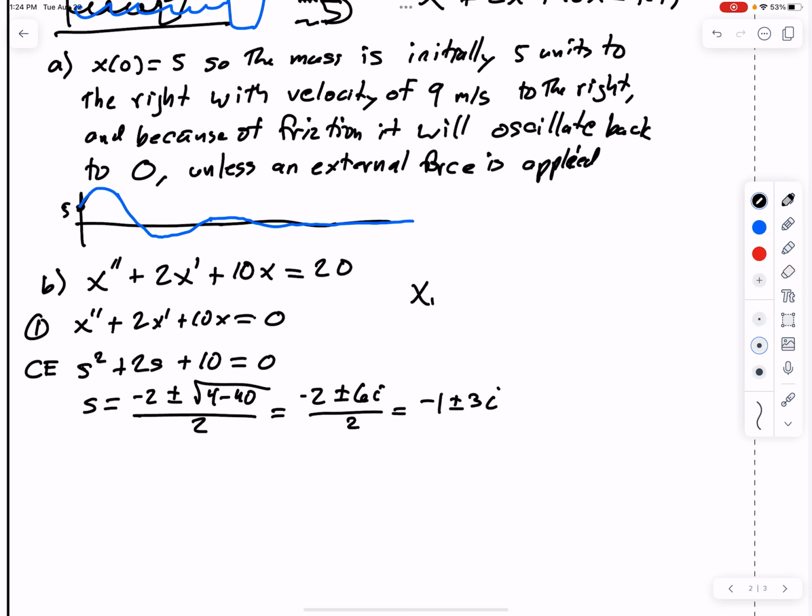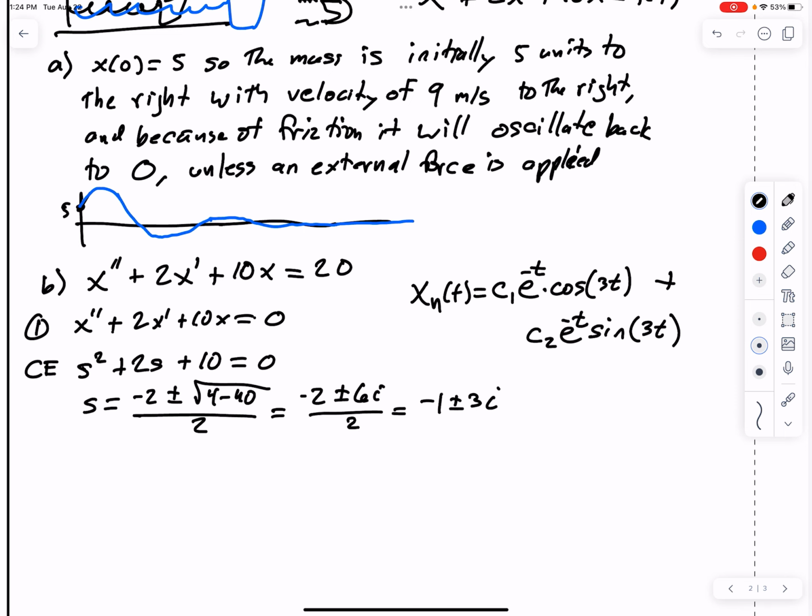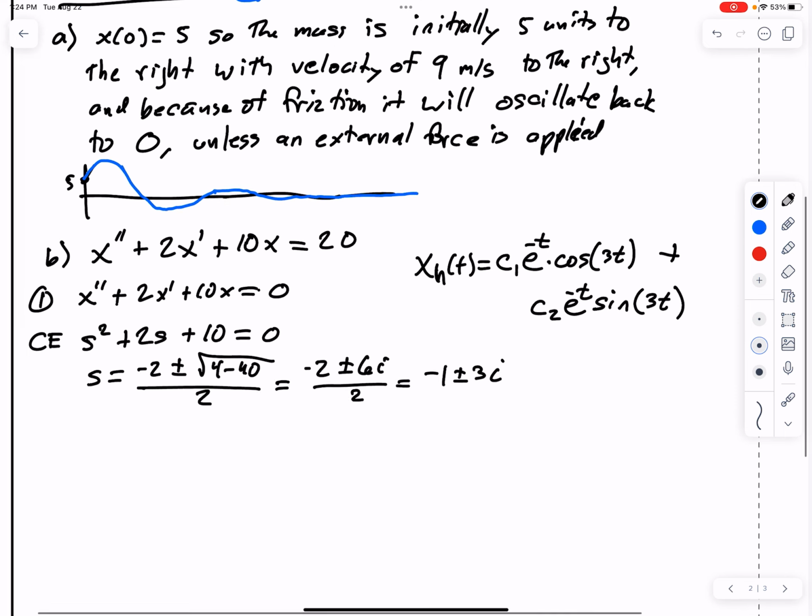So the homogeneous x_h(t) is c1 e^(-t) cosine of 3t plus c2 e^(-t) sine of 3t, and that is our homogeneous solution.